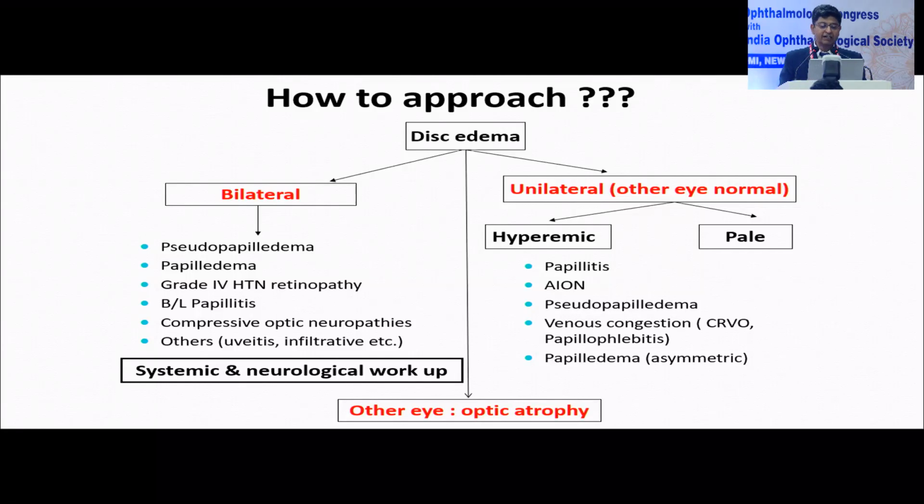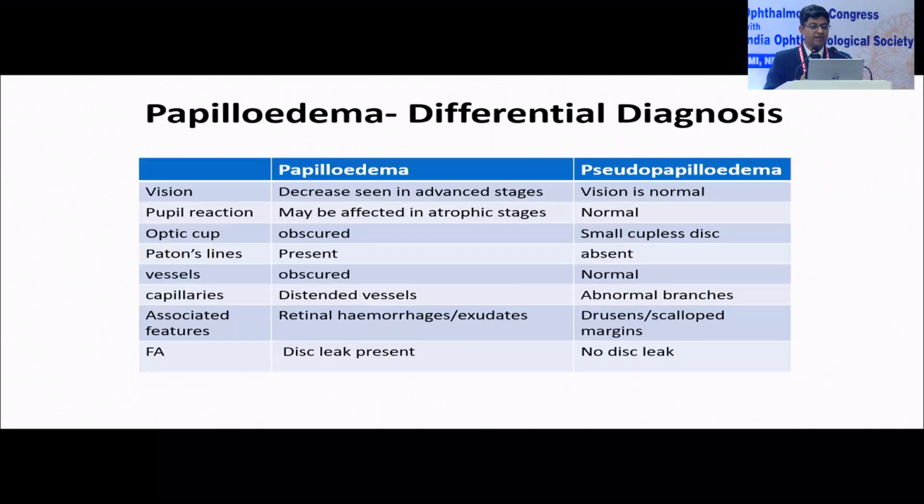With unilateral edema and a hyperemic disc, you have more of inflammations, demyelinating disease, pseudopapilledema. If you have a pale disc, a pale edema, there is a possibility that it's ischemic in origin. And if you have optic atrophy, either it's a tumor you're worried about, or else the event that's happening in this side today happened in the other eye some time back.